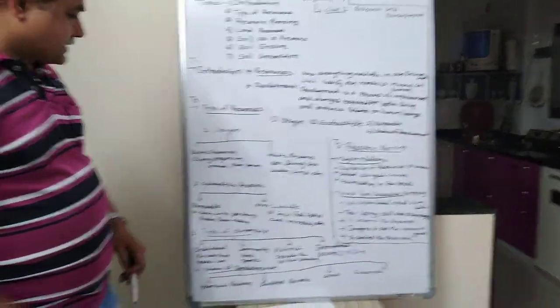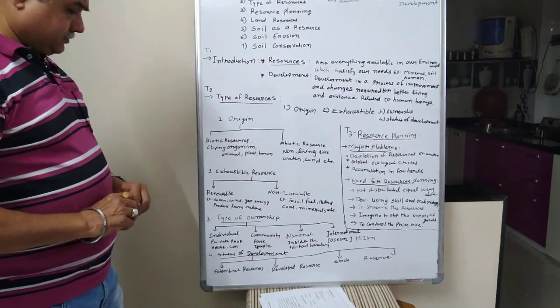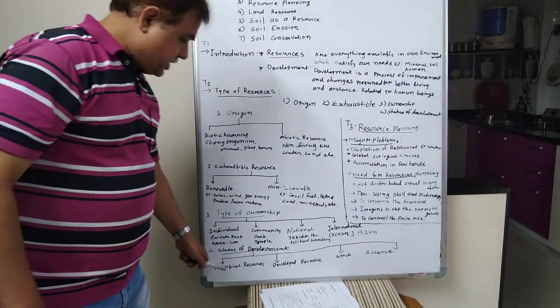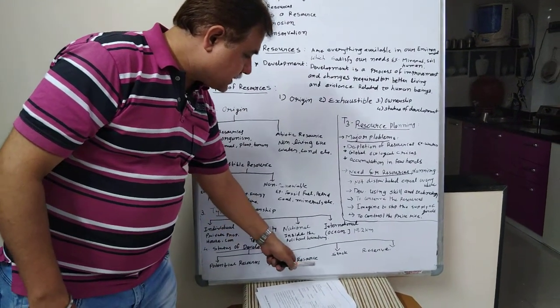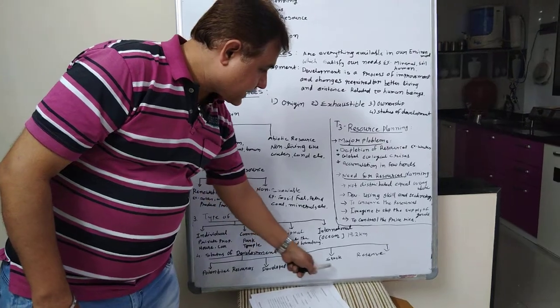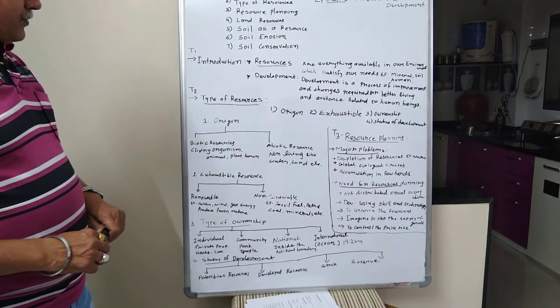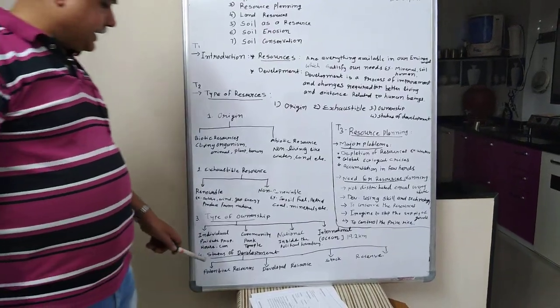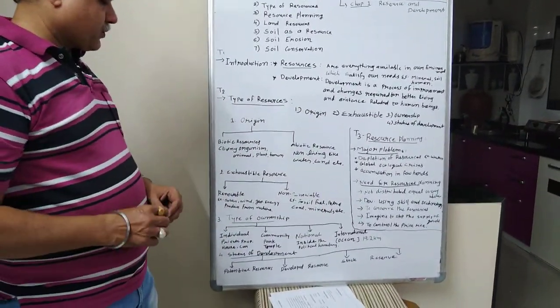Now fourth, status of development of resources. It is classified as potential resources, developed resources, reserve resources, and stock resources. Let's see first the potential resources. What do potential resources mean?